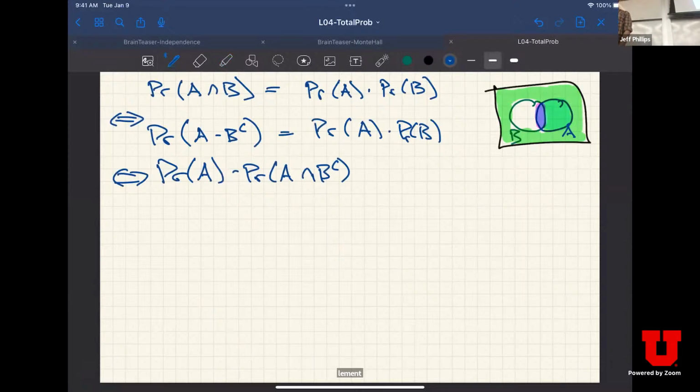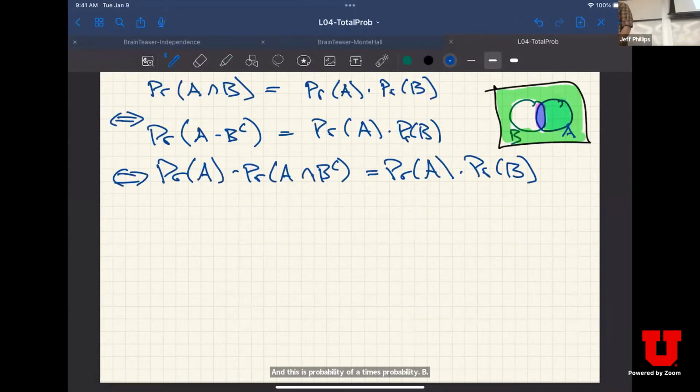That's minus the intersection, so that's still going to be the same part, and this is probability of A times probability of B. That's the same. Now I can change the right-hand side.